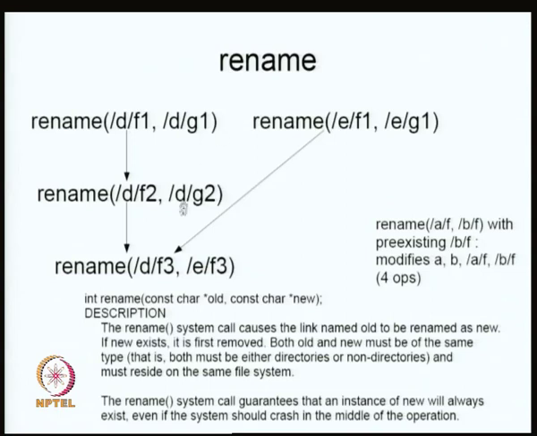There are multiple renames going on, for example, rename /d/f1 to /d/g1, and rename /e/f1 to /e/j1. Notice that none of these operands have anything in common, so they can go in parallel. But this one shares the D directory between these two, therefore they have to be ordered. This one has both D directory and E directory, therefore this one has to be ordered this way.